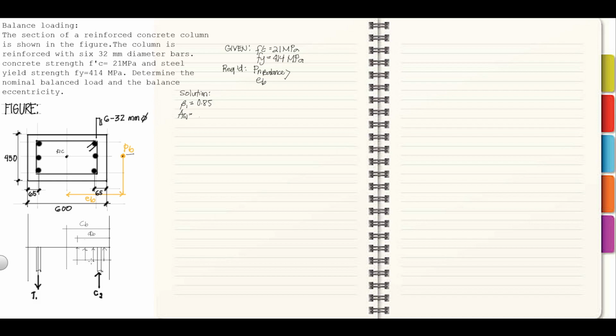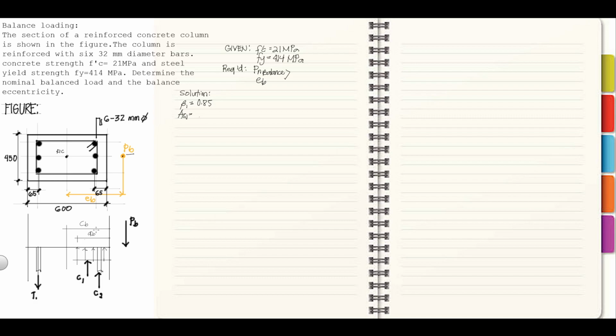So kakaroon tayo dito ng another compressive force, this is C1, because of the PB here.